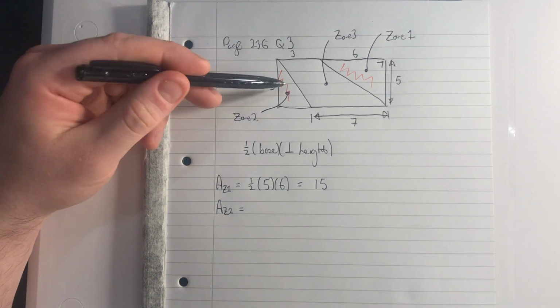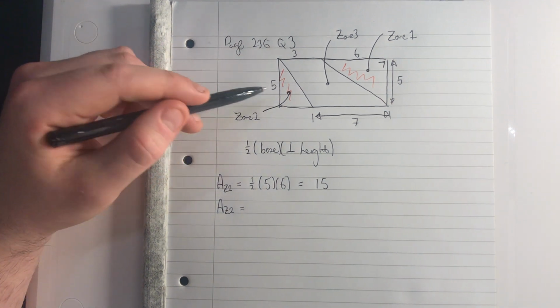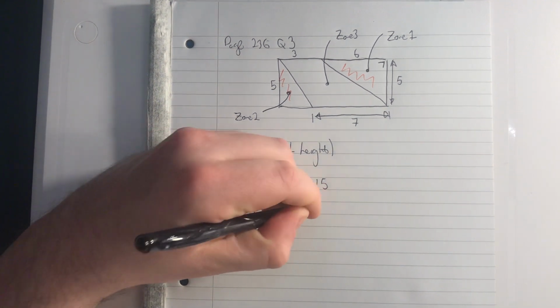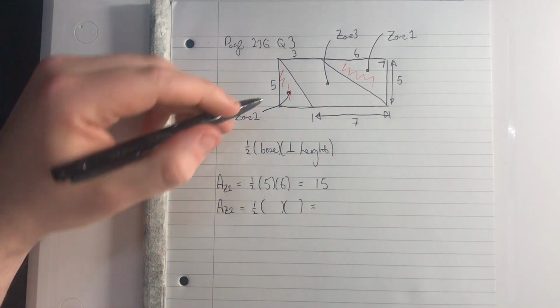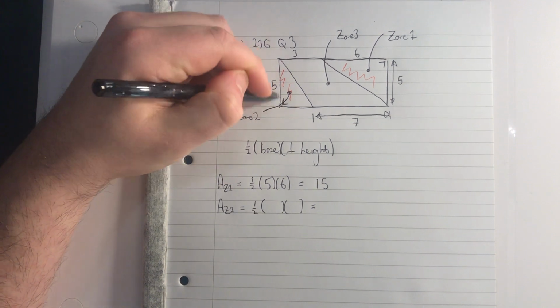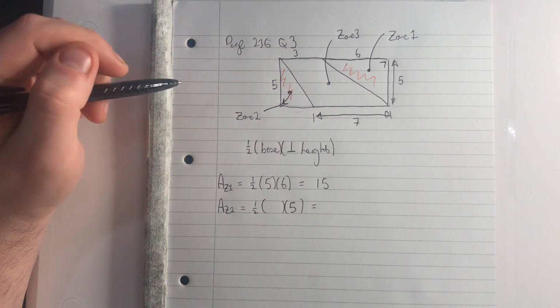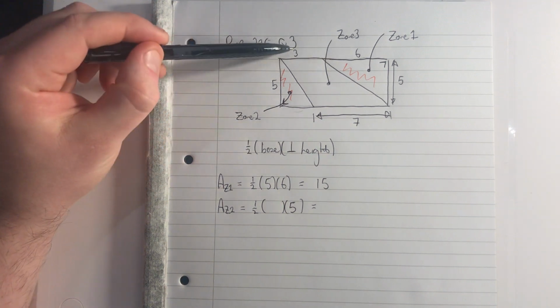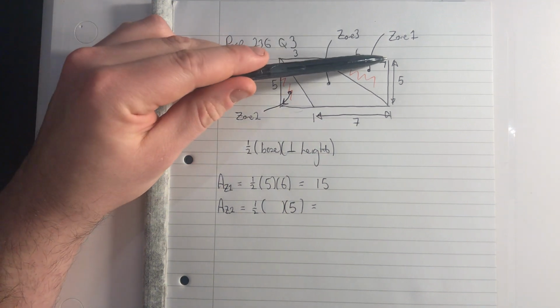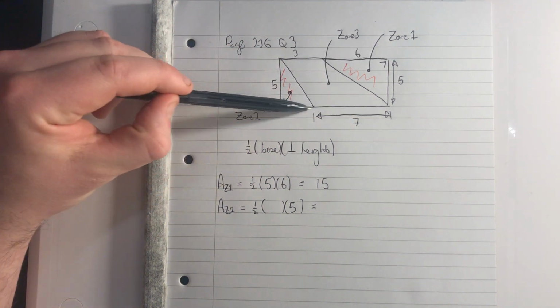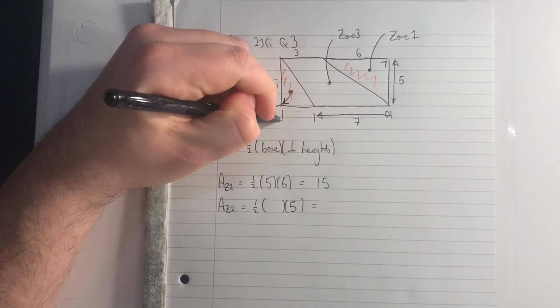Zone 2 here, again, is a triangle, so we want to use the formula half the base by the perpendicular height. We know the perpendicular height this time is going to be 5, so it's 5 high. But the base, we have to do a bit of thinking about this. It's 6 and 3 on top, so therefore the entire top must be 9.